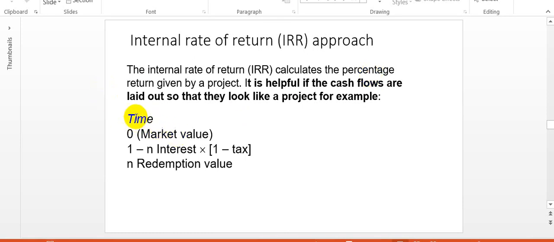So you have your time there. You have time 0, then 1 to n.